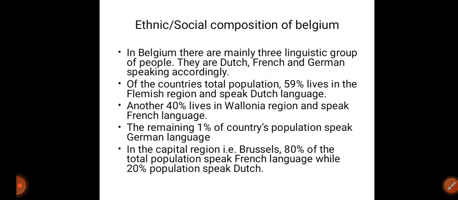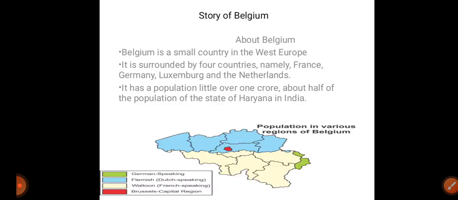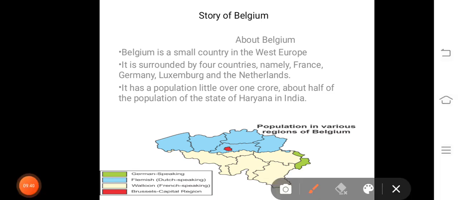Out of the total population, what is the percentage of Dutch speaking people? 59%, right? Another 40% lives in the Wallonia region and speaks the French language. Again I will show you this Wallonia region. This light yellow color region is the Wallonia region, right?